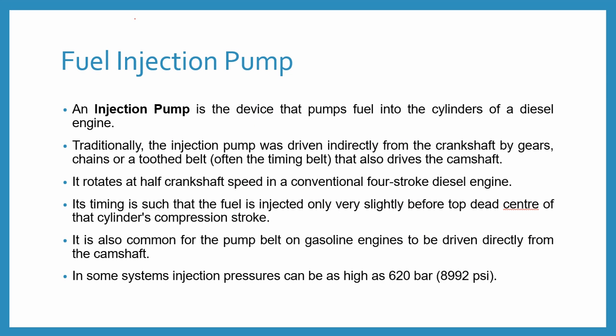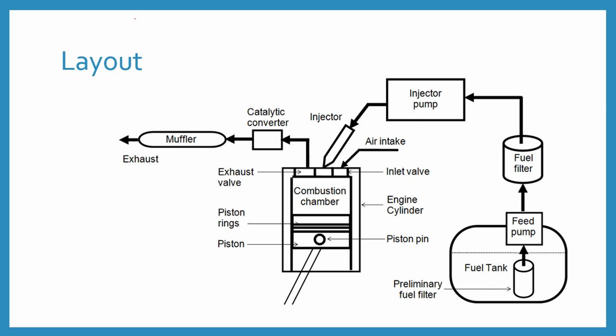Now coming to the layout of the fuel feed system of the diesel cycle. Here you can see in this picture, this is the fuel tank. From here the fuel is supplied to the fuel filter with the help of the feed pump.